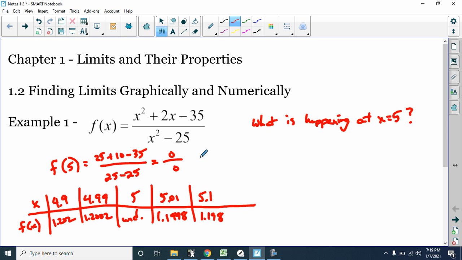So when we're looking at what's happening at 5, first of all, we have no value. There is no point. The f of 5 is undefined. But then the second question is what's happening close to 5.